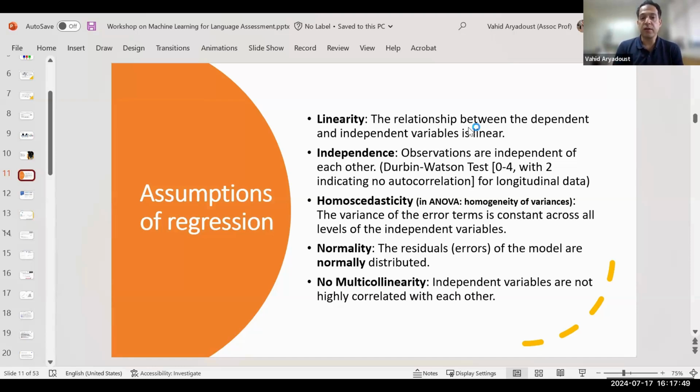And finally, normality, everyone. This is a very important concept, and unfortunately, it has been misunderstood by many authors. Those authors assume that normality refers to the normality of the data. No, normality of the data is not an assumption of linear regression.